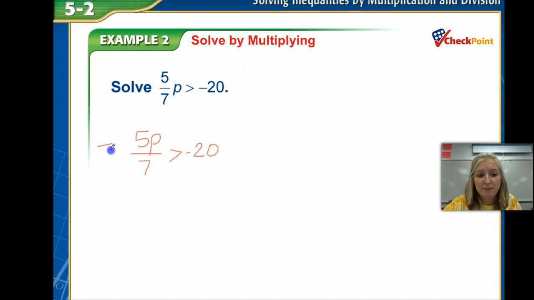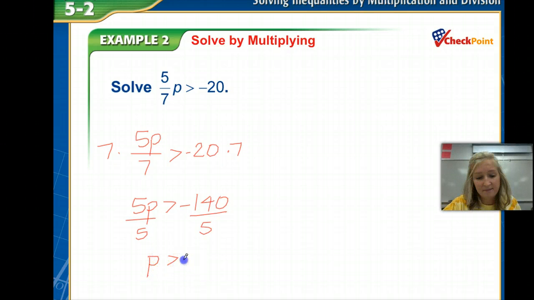So I'm going to multiply both sides by 7, and I get 5p is greater than negative 140. And now I'm dividing both sides by 5. I'm dividing both sides by a positive 5, so my sign needs to stay the same. And negative 140 divided by 5 is negative 28.